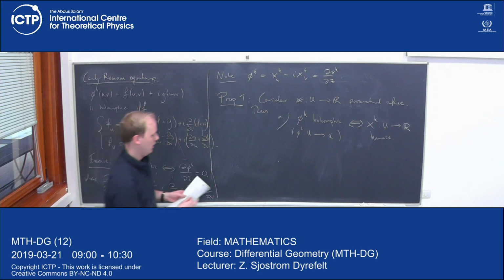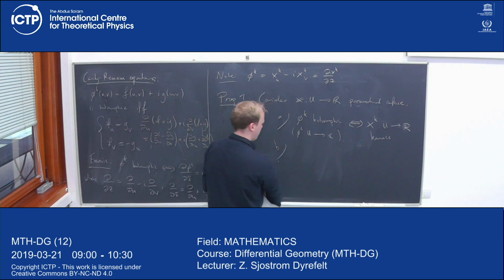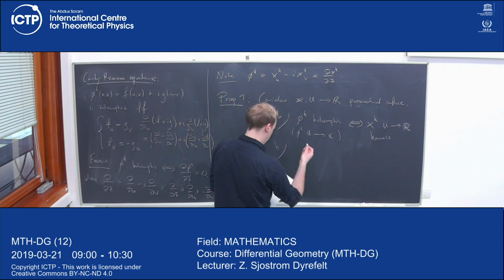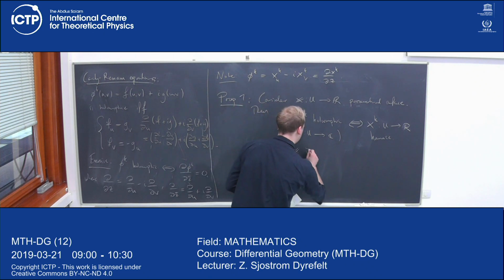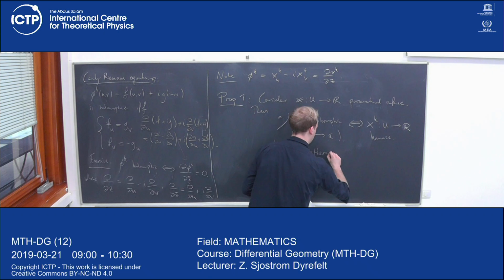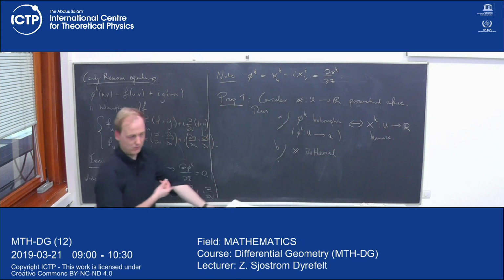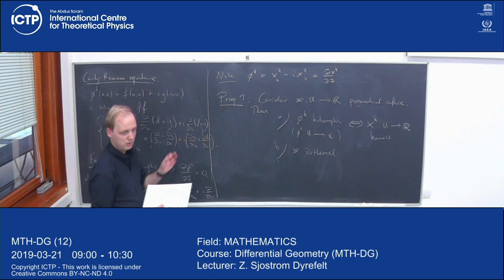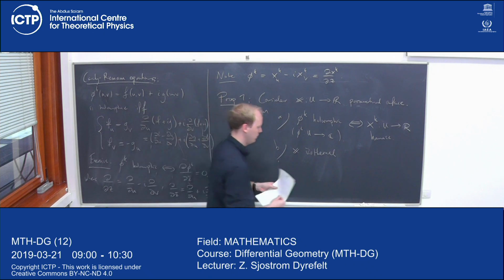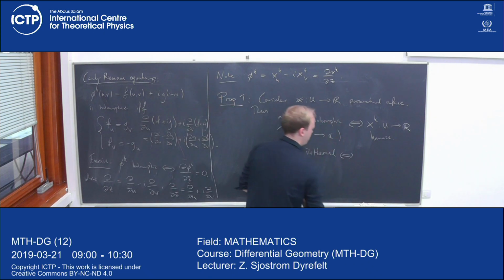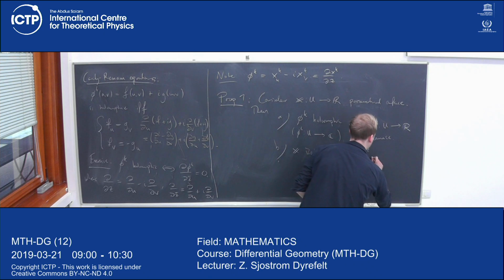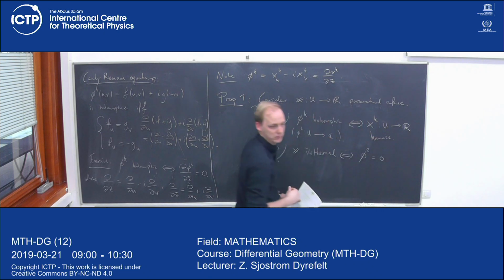Second thing: x is isothermal, so the coefficients of the first fundamental form satisfy E equals G and F equals 0, if and only if phi squared is equal to 0.